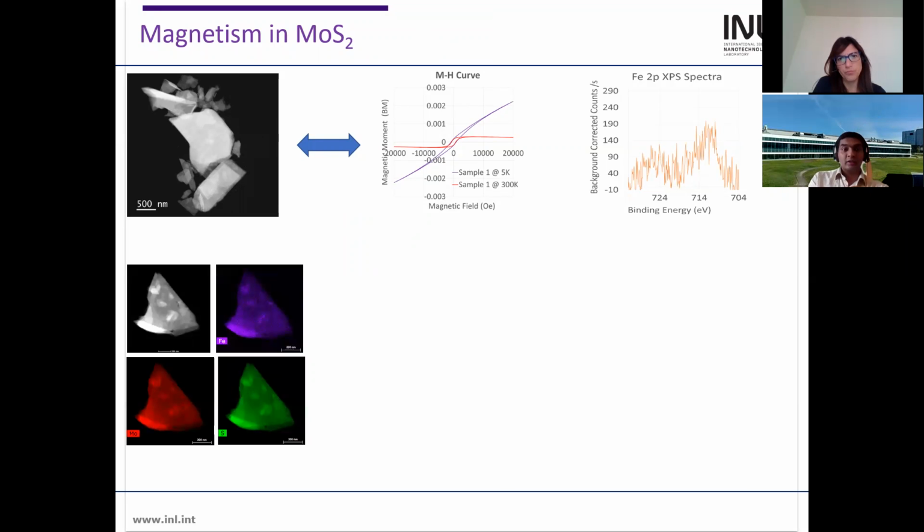This is the high resolution TEM in STEM mode, and the EDS spectra. This is a colored map showing the presence of different elements, and we identify that iron is present along with molybdenum and sulfur.